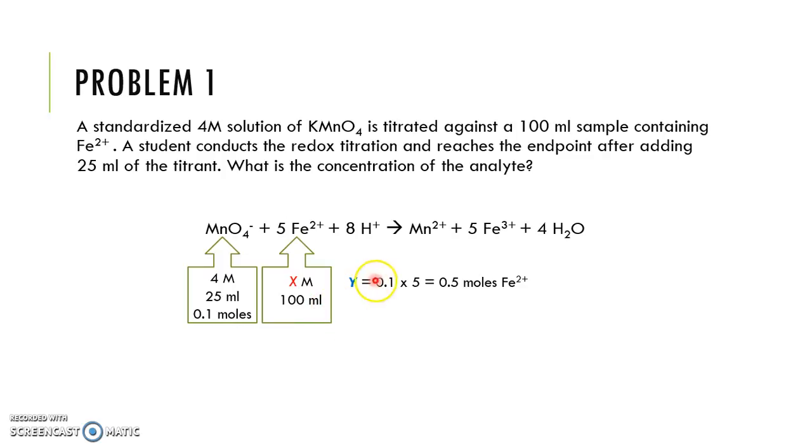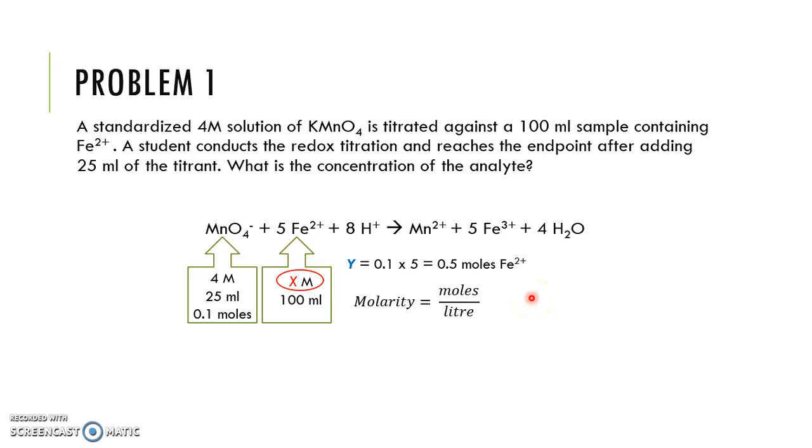So now we can calculate the unknown concentration using the same formula, and our unknown concentration of iron is 5 molar. That is how you calculate an unknown concentration of an analyte using redox titration.